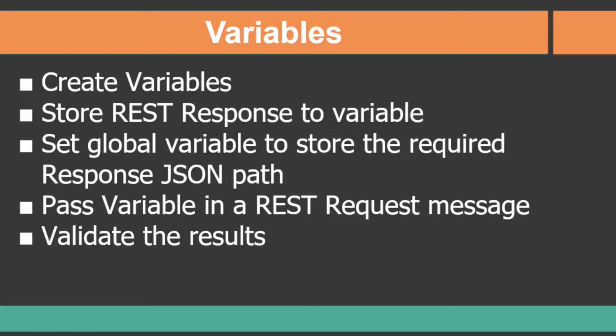So whatever JSON path you stored in the above step, how can you use that global variable while sending the next request message, and then validate the results. So it's a very, very important concept. Let's jump onto the system and see how we can perform all these actions.